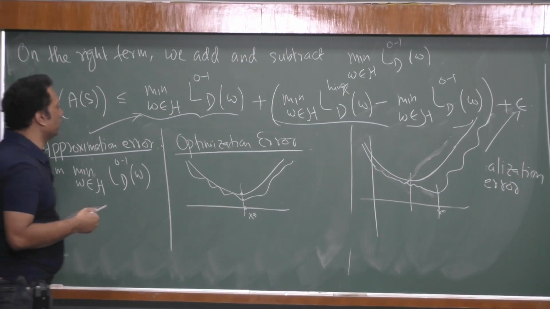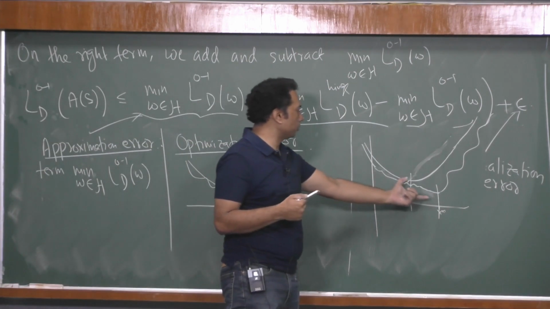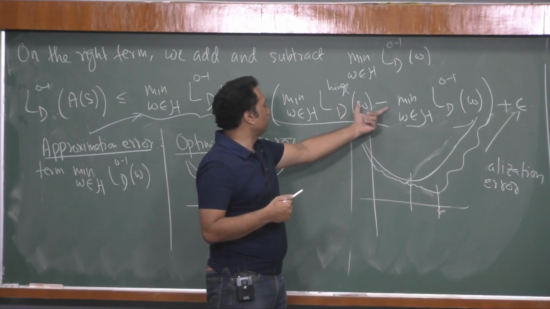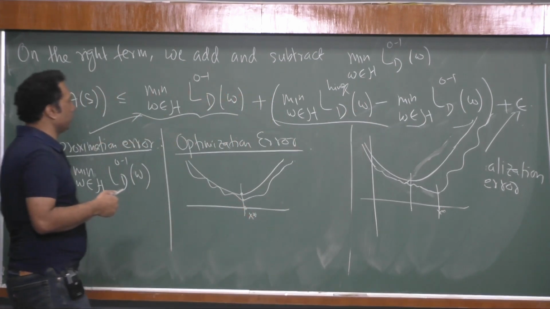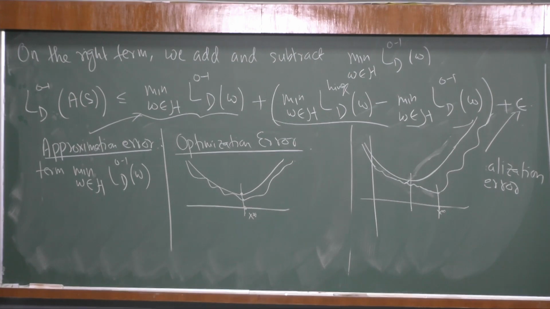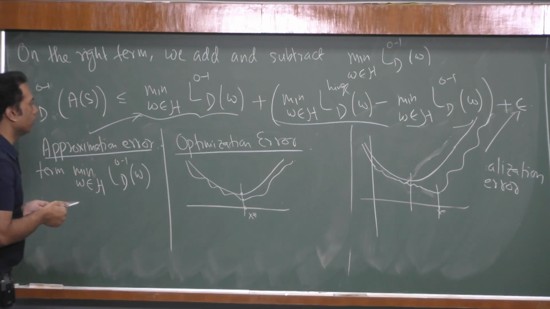So hence this is the optimization error we are talking about, right? And this may lead to this quantity being large. That's why we call this an optimization error.